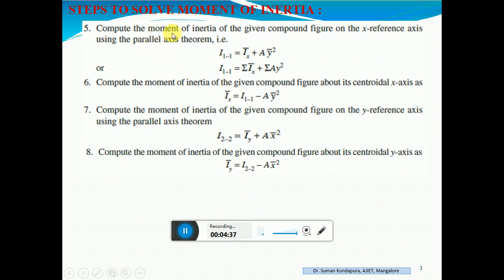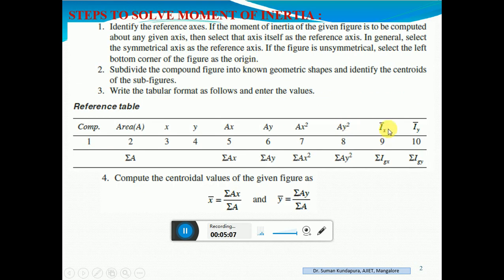Then find out the moment of inertia of the given compound figure about the x reference axis using the parallel axis theorem. We know this is the formula. This can also be written as I11 is equal to Ix bar plus A y bar squared. So when you calculate I11, first you calculate the summation of all the individual moments of inertia, which you will get from this.